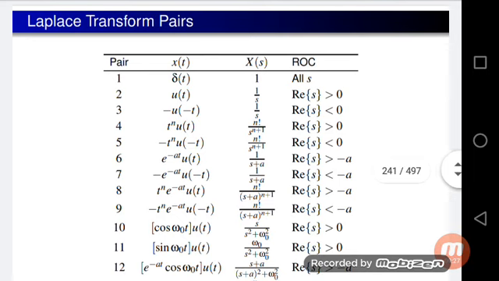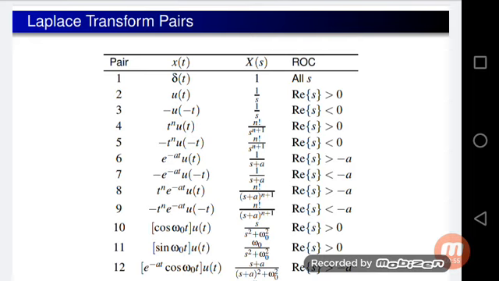And these are the pairs of the Laplace transform. We use these properties, formulas and pairs when simplifying problems, to evaluate the answers.